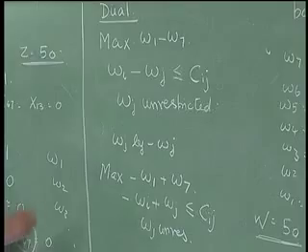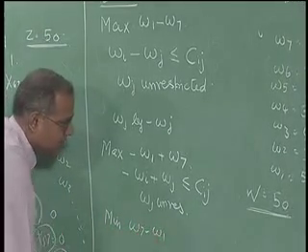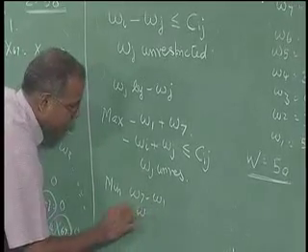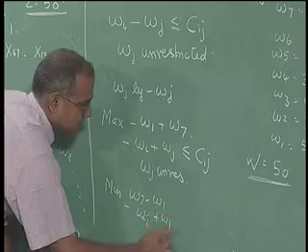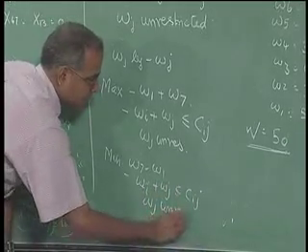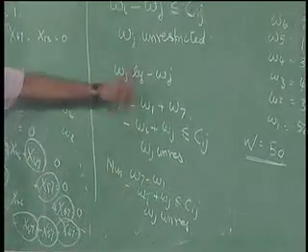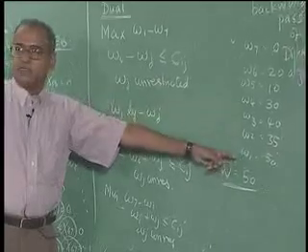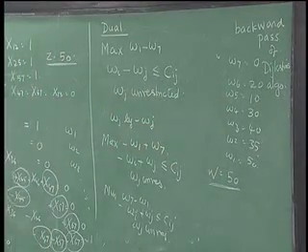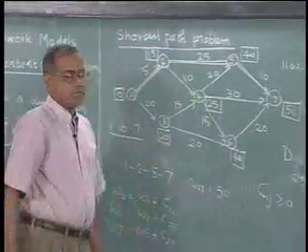So, this will lead us to a situation where you want to minimize W7 minus W1 subject to minus Wi plus Wj less than or equal to Cij and Wj unrestricted. Now, if we start writing the dual in this form and then expand it and get the labels, the corresponding labels that we would have got here would exactly be these labels, which are 0, 15, 20, etc. respectively.